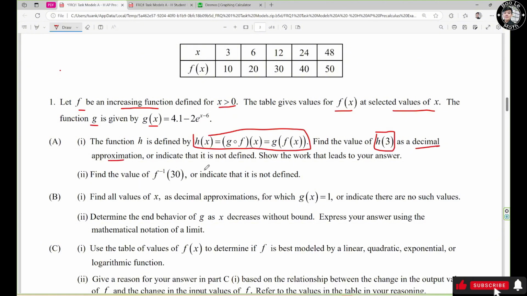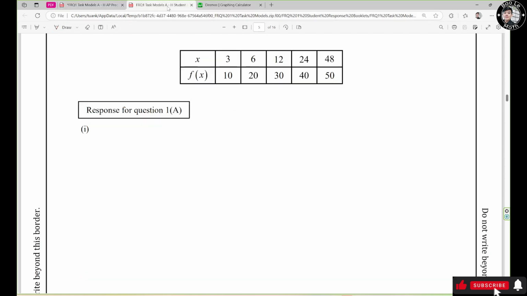Alright, so we need to rewrite h(s) = g(f(s)), right? Now we need to calculate h(3). So it's going to be g(f(3)), right?